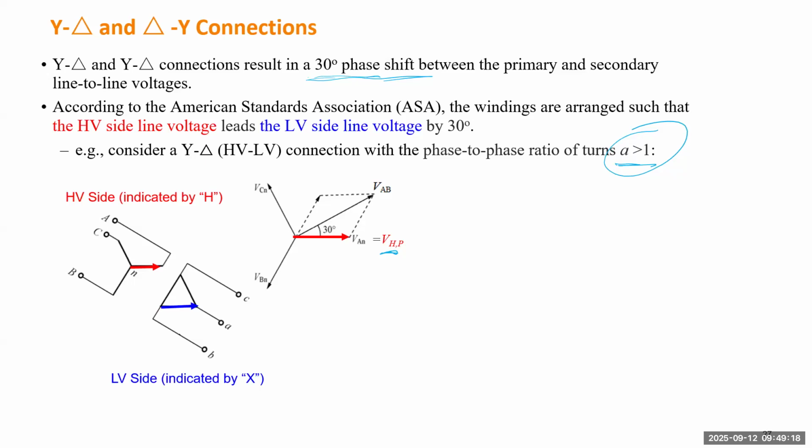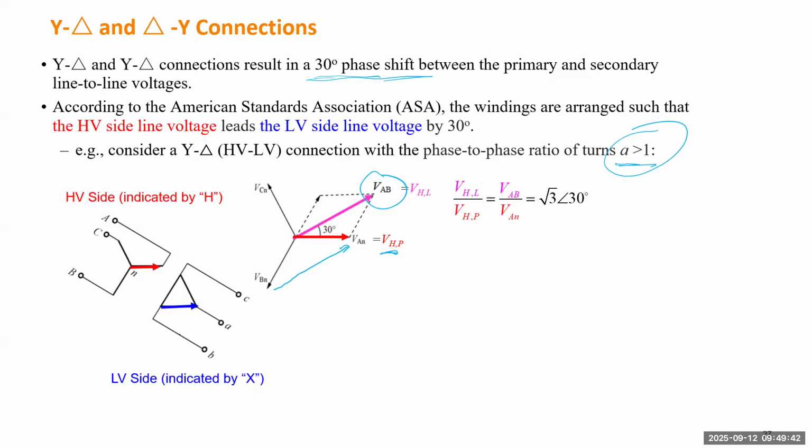So for line voltage, for instance, if we draw VAB, it will be a phasor starting from VB to VA, right? So we utilize the triangle, and that will give you VAB. That's the line-to-line voltage.